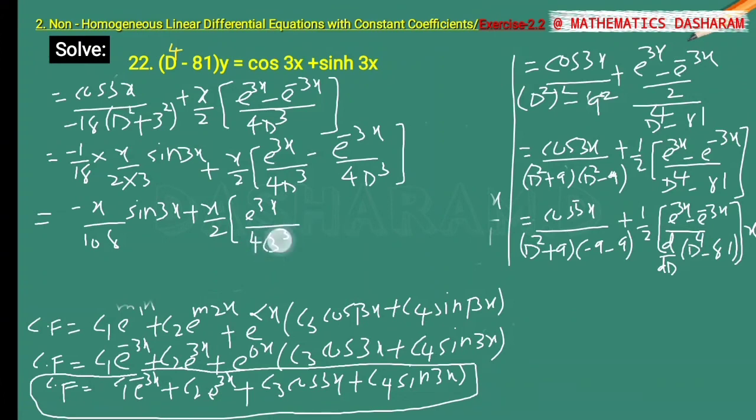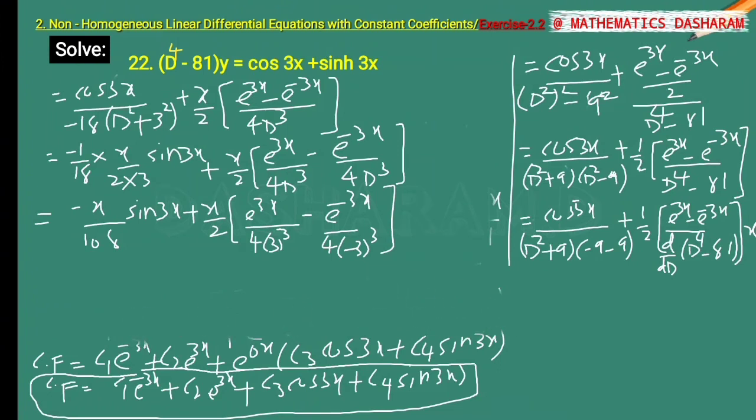So it is equal to minus x by 108 into sin 3x plus, here x by 108, take it as common, e to the power of 3x plus e to the power of minus 3x by 2.